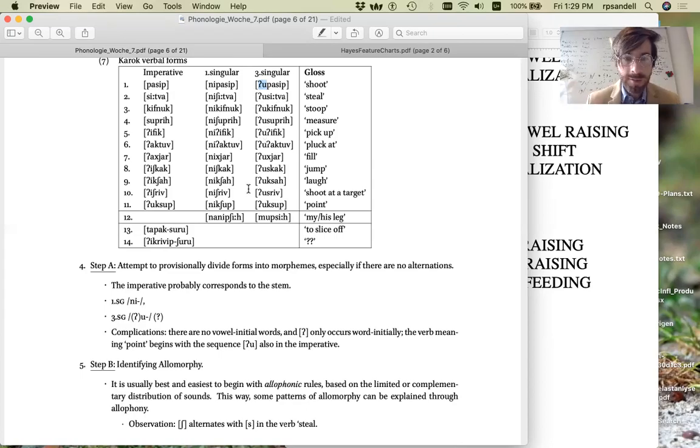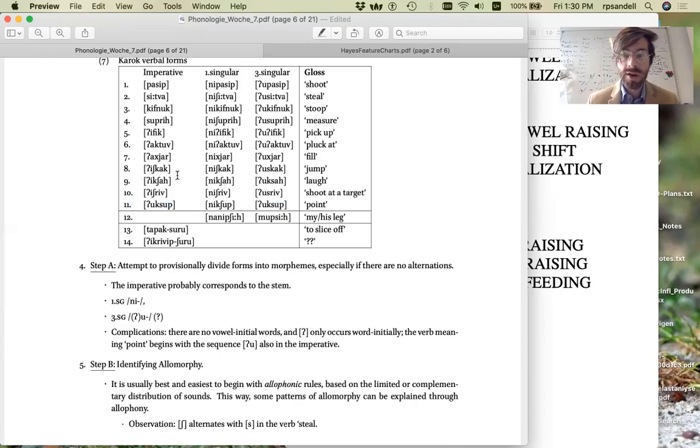But some complications potentially arise here. If you look at the very last form, there the imperative uksup and the third singular form are apparently the same. They're both uksup. So it sort of looks like in the third singular that the imperative form is missing.